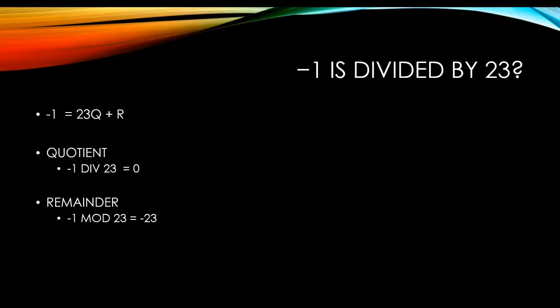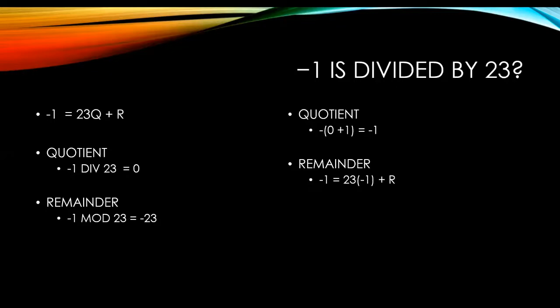So for the quotient, same as with the previous slide, we're going to add negative 1 to our quotient. So it will be negative 1. Now for the remainder, using the division algorithm, this will be our equation. Negative 1 is equal to 23 times negative 1 plus r.